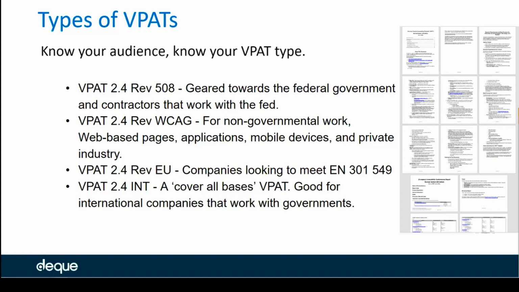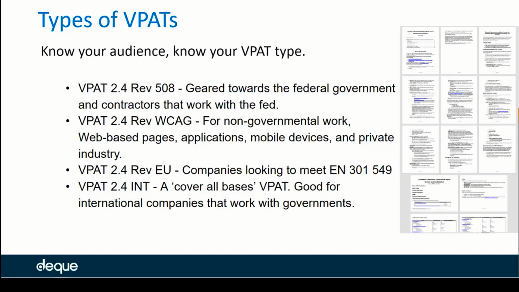So there are 4 types here. The first one is VPAT 2.4 Revision 508. This is geared towards the federal government and contractors that work with the Fed. The federal government updated 508, which is, the Americans with Disabilities Act, relevant. They updated it in 2017 to include WCAG 2.0.